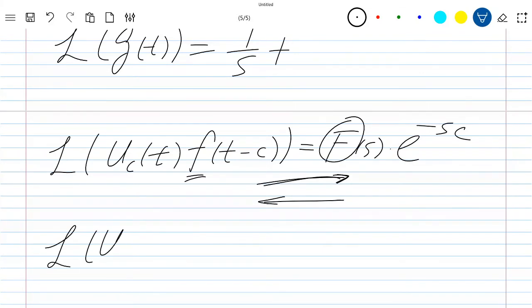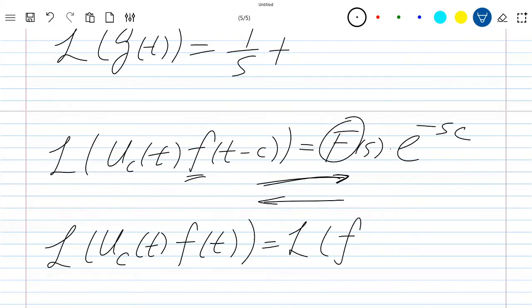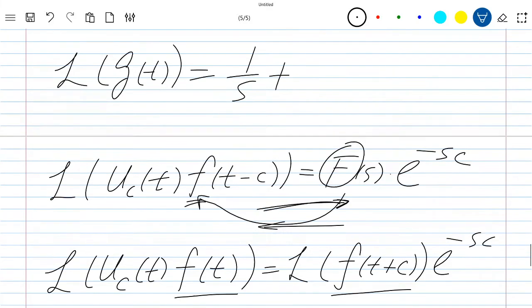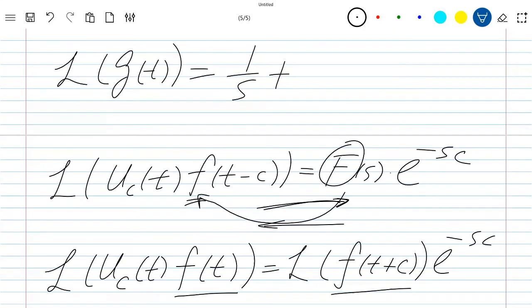If you use it the forward way, you would prefer this form: if you start with f of t, then this is f of t plus c, because you have to undo the shift. But if you go backward, then you recover the little f, then do the shift to the right, and this is the shift to the left. Okay, now we can apply this formula.